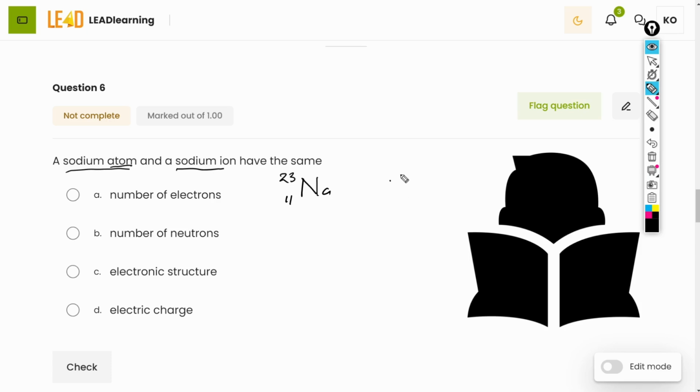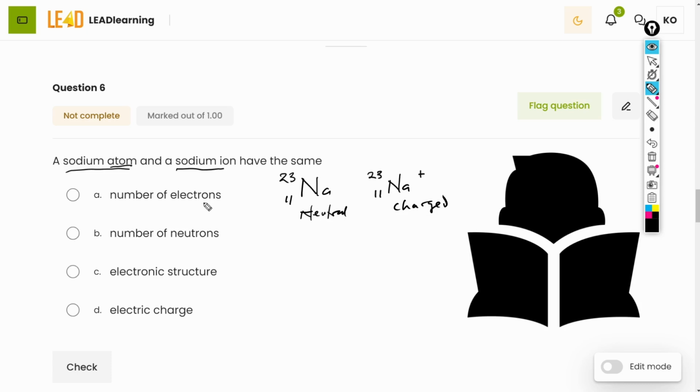A sodium ion has a charge of +1 because it has lost one of its valence electrons, but the protons still remain intact at 11 and the atomic mass remains 23. So this is neutral, while this is charged. Now the question is asking us, what is similar?